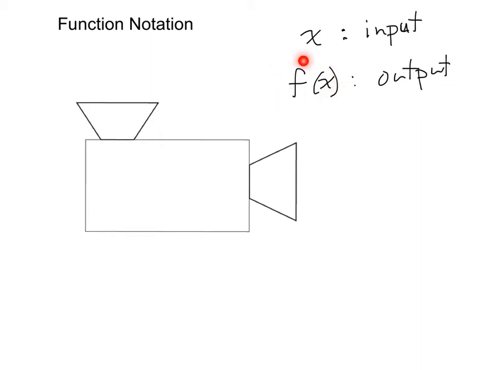This is "f of x." Our input is usually denoted by just an x, and the output is denoted by f of x. So with our machine, you're putting in the input, the x, and the machine is spitting out your output, f of x. So x is your input, f of x is the output.